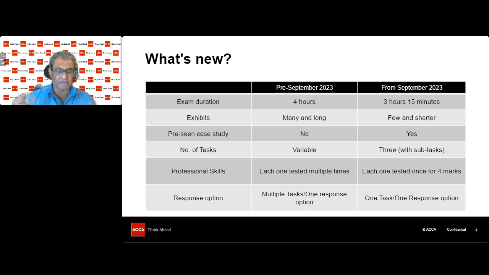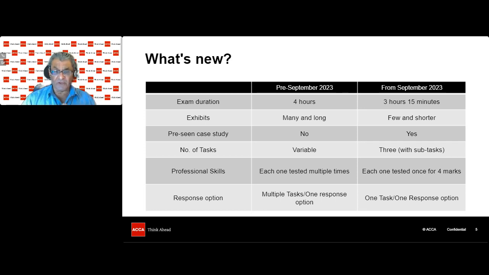So when the structure was changed, much of this was taken out of the examination and put into the pre-seen. So it's actually made the exhibits fewer and shorter. So that's another way in which the whole exam has been shortened. Pre-seen case study, I've just talked about that, I've mentioned what that is, and we'll go into it in more detail in just a second.